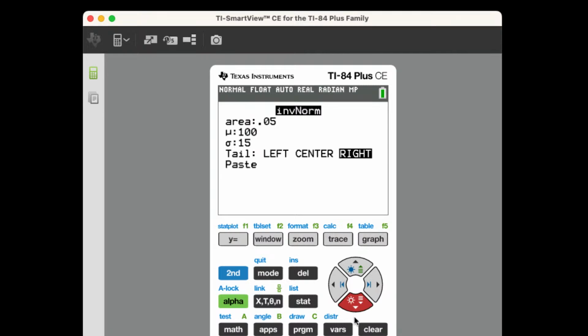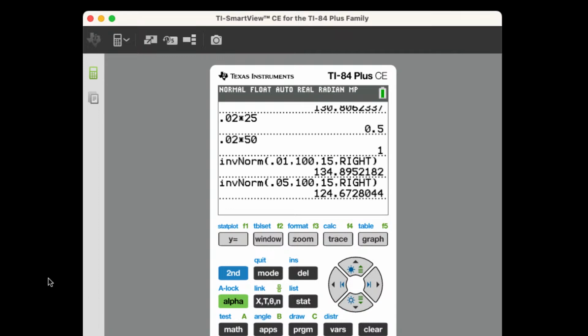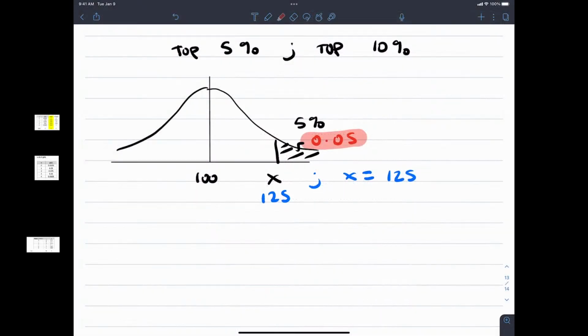It's the right tail, isn't it? This isn't the default. What IQ score is that? 125. X will be what? 125. This is your IQ score. Okay.